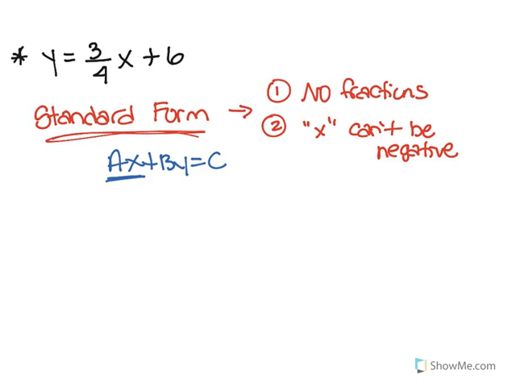So if I look at y equals 3/4 x plus 6, I want to put him in standard form. The very first thing I'm going to do is clear out my fractions, because you can't have a fraction. We did that back in chapter 1. How you clear out fractions is you multiply by the common denominator. Well, here you only have one denominator. It's 4. So you're going to multiply all 3 terms by 4.